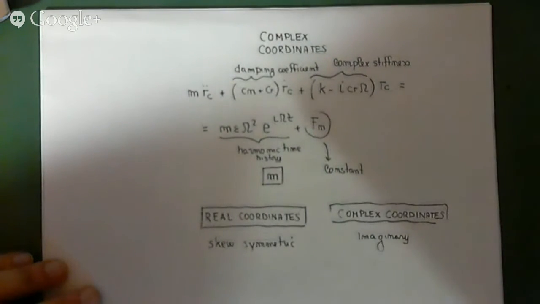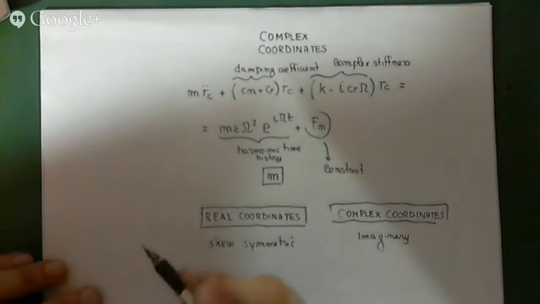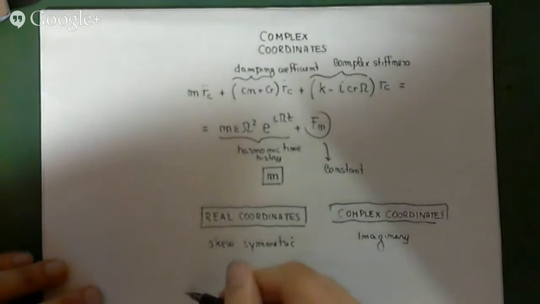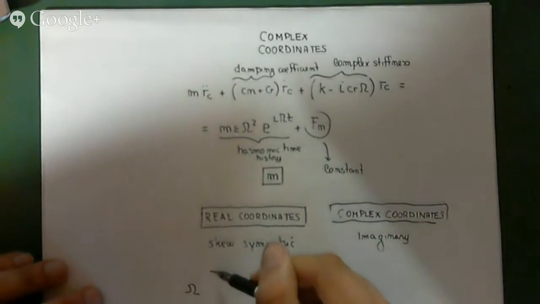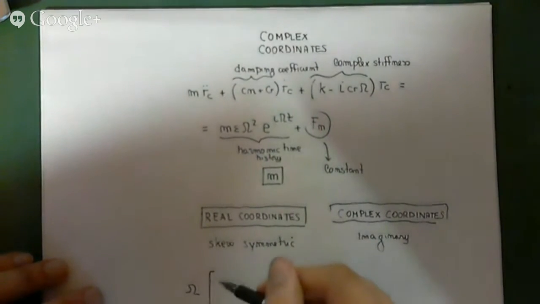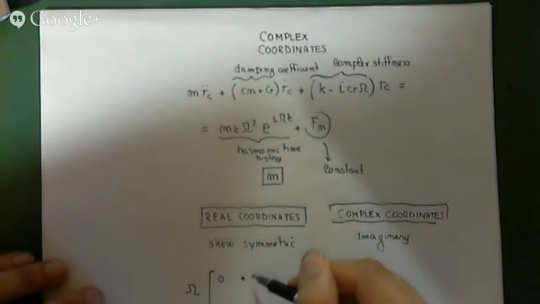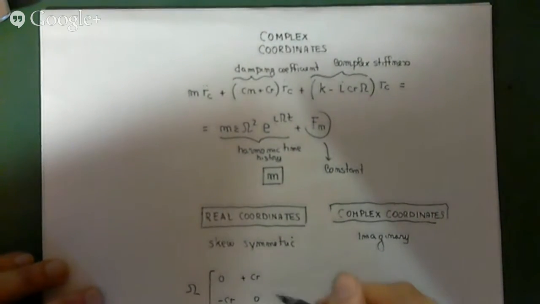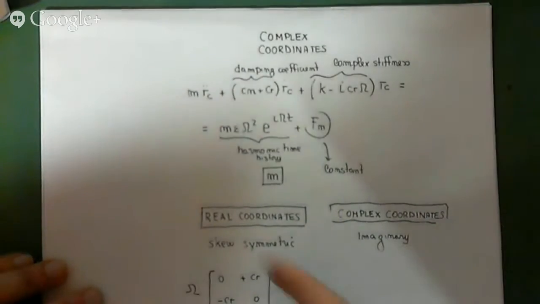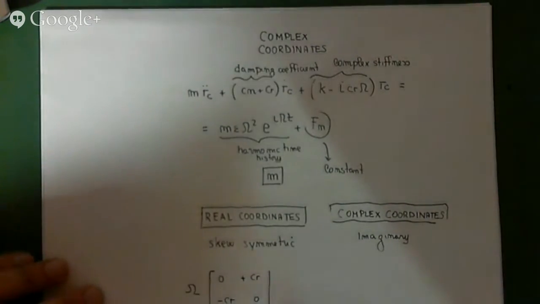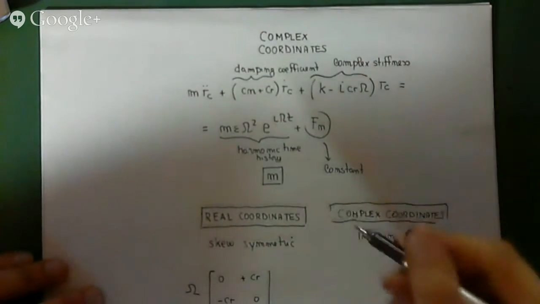So, in real coordinates, we had omega times the matrix 0 plus CR, minus CR 0, the circulatory matrix, a skew symmetric matrix.